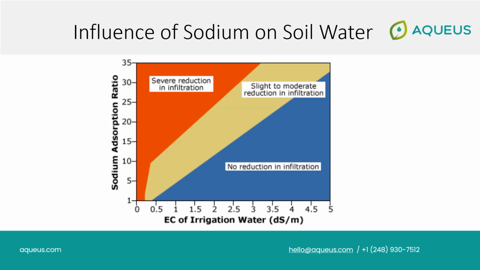So now if we look at the chart, just to show us a general in numbers, the relationship of EC versus SAR. We see that within a range we have no reduction. In the intermediate we have a moderate, and then we have a severe reduction where we have low EC and high SAR. And this is for soils that contain appreciable fines.